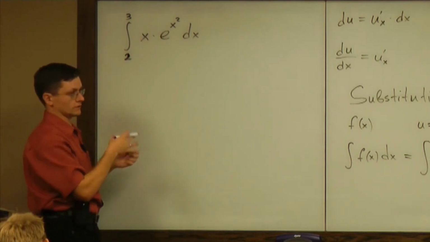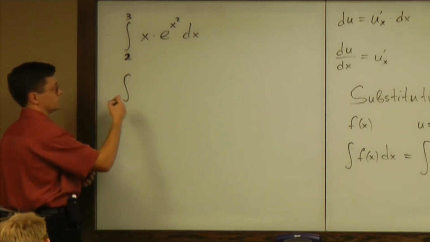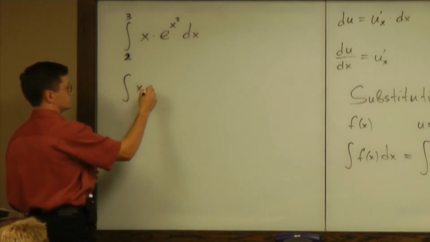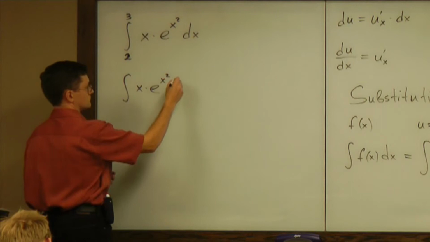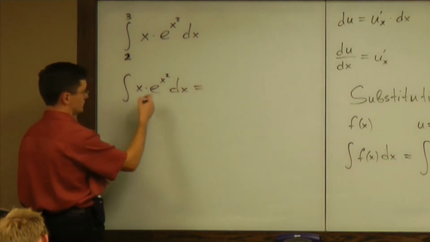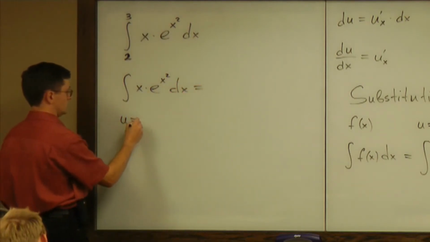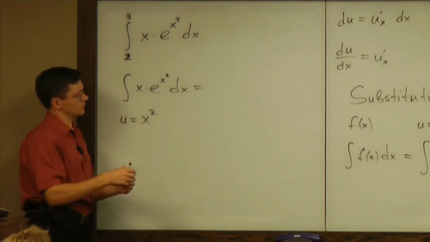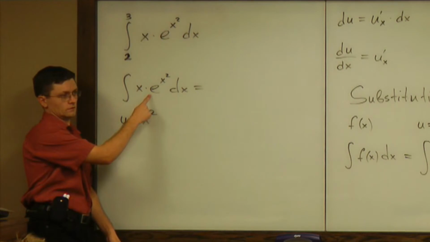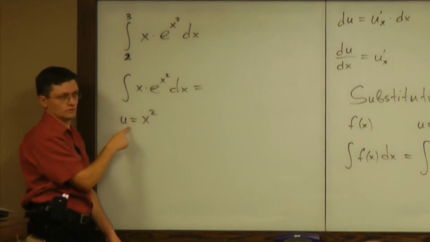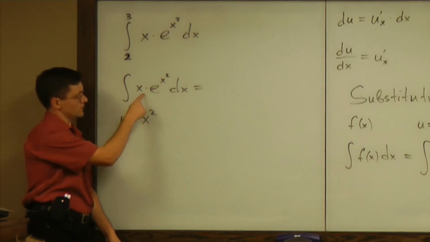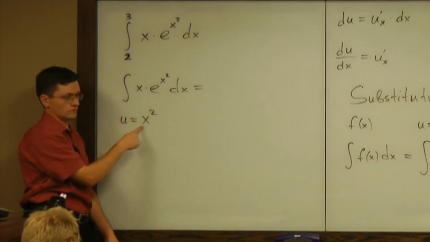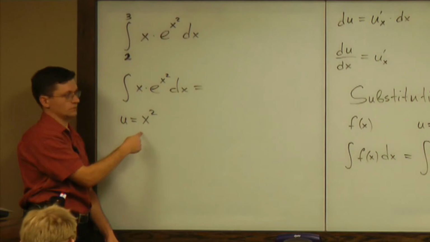And one way to work it out is finding the indefinite integral first. So let me find the indefinite integral. And I will do it by a substitution. u equals x squared will work because the exponential part is clearly a function of u, a very simple function, and the remaining part, x dx, looks like the derivative of x squared multiplied by dx.